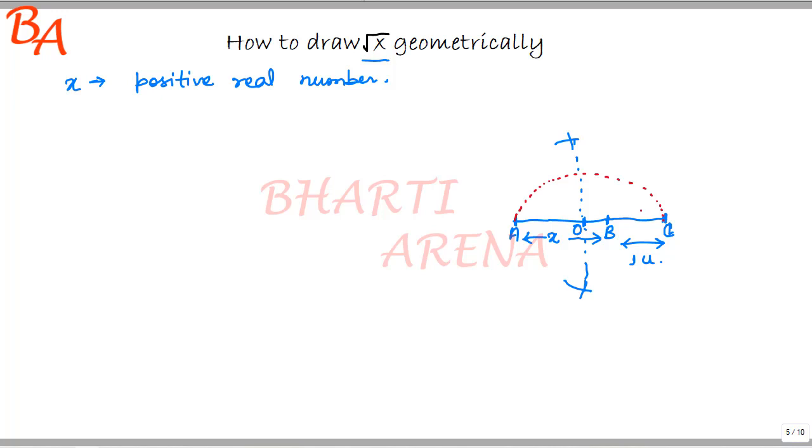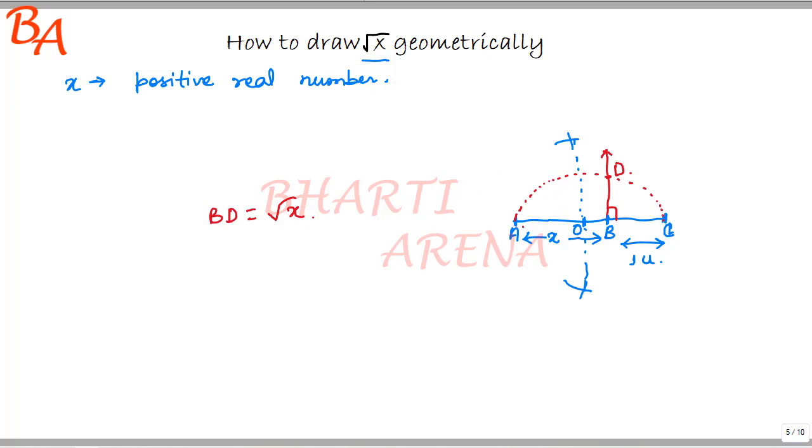Now draw a perpendicular at point B. It is drawn, and let the intersection be D. So this BD equals root x.